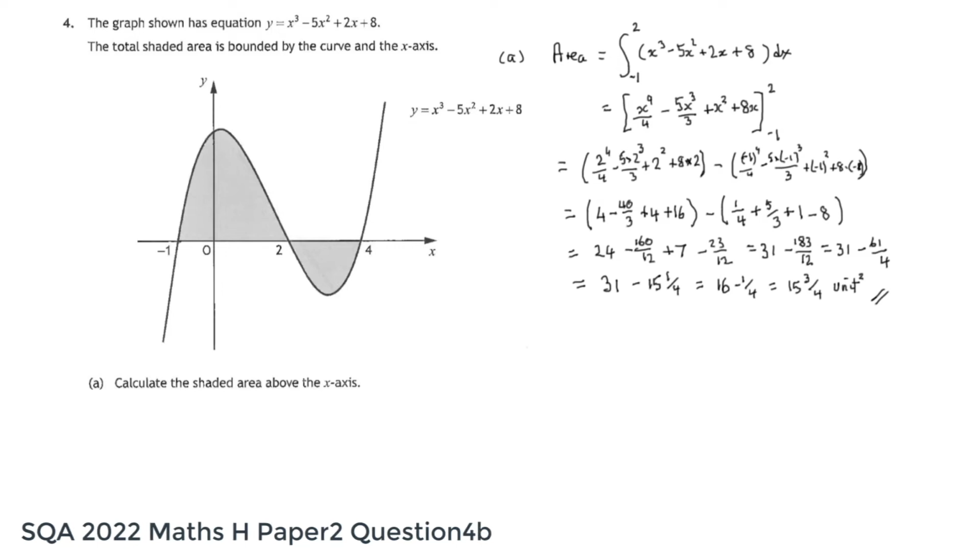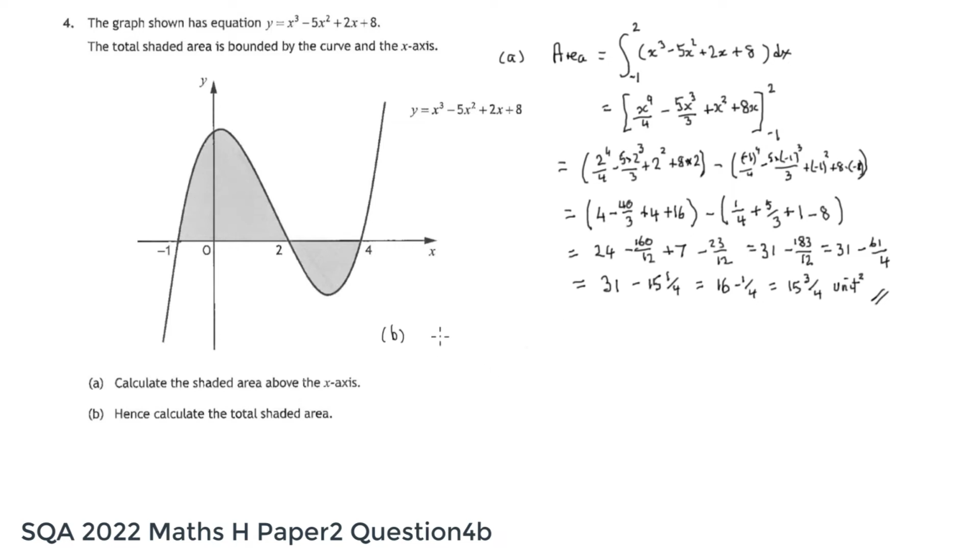So let's now move on to part B. And it says, hence calculate the total shaded area. So we have to calculate this area and add it to the area that we've already calculated.